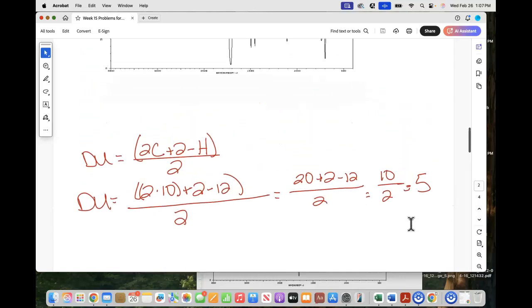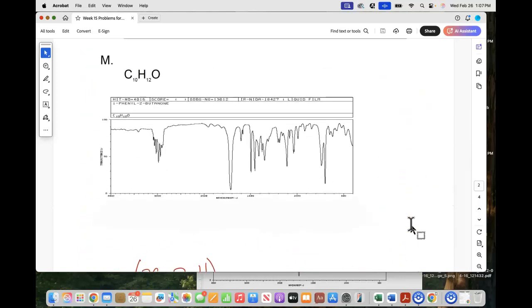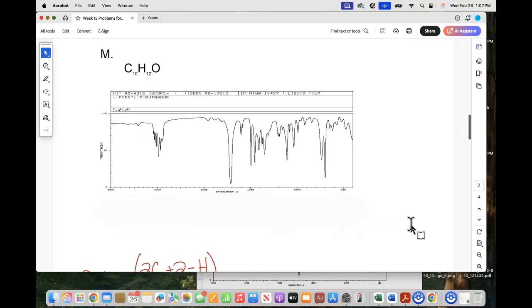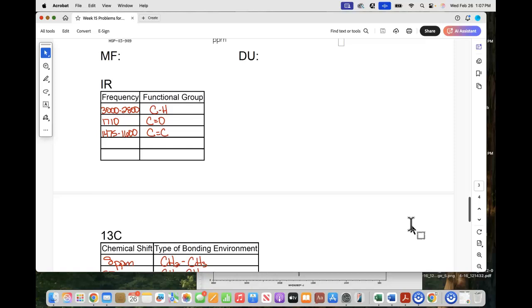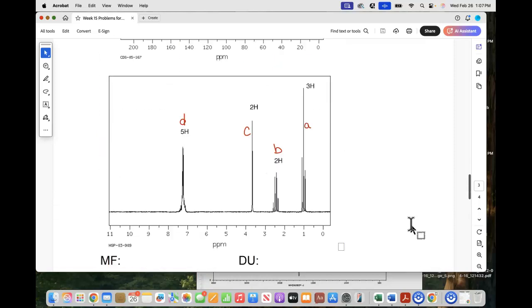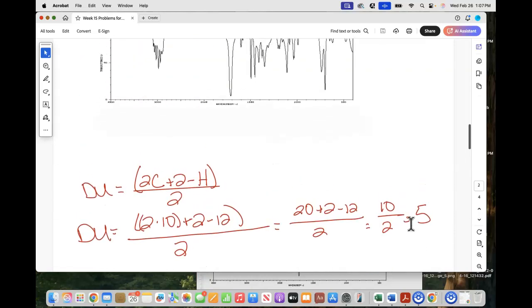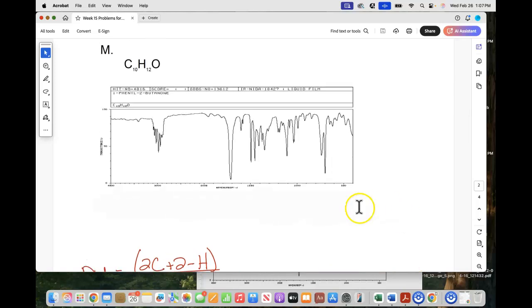Next, we will analyze the IR spectrum to identify functional groups. Here are the peaks, here are the data. Right here, the carbon-oxygen double bond stretch at about 1700 is strong, and it confirms a carbonyl functional group, likely a ketone.